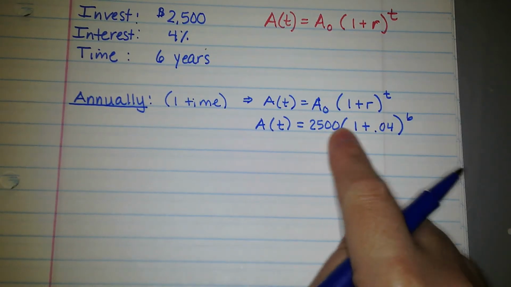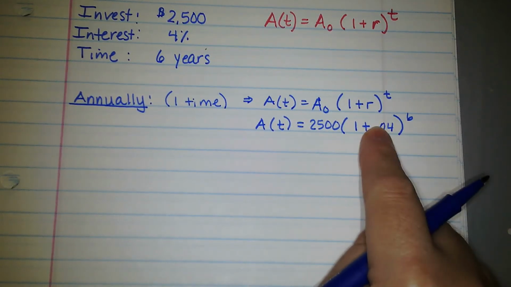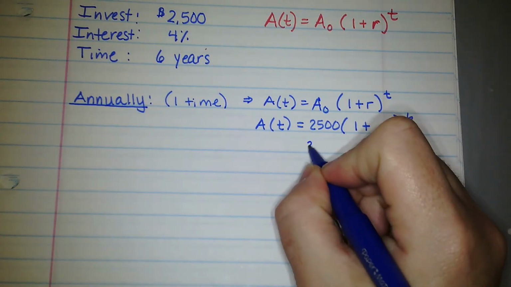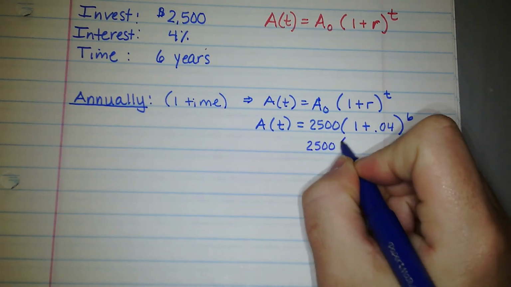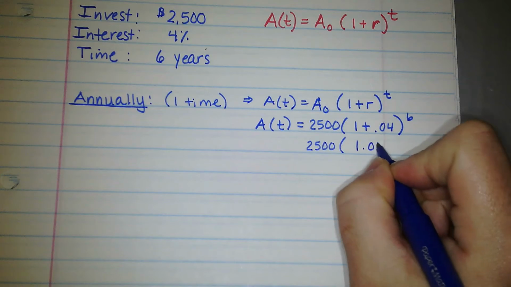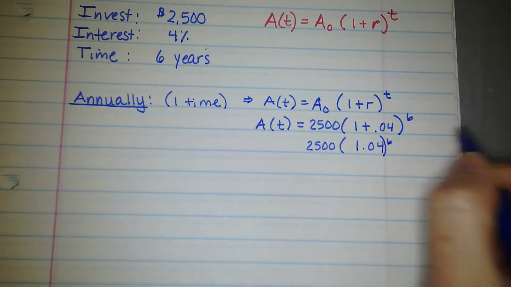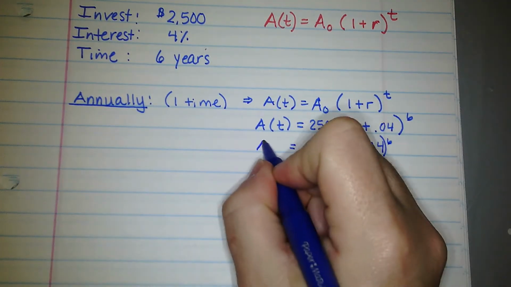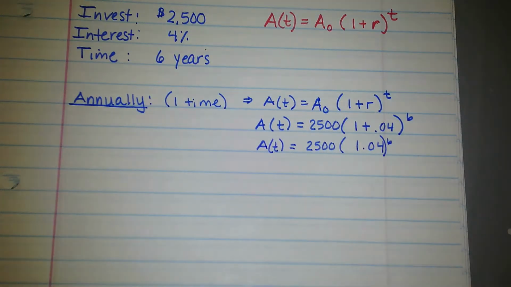From here, what we're going to do is put this in the calculator. Okay, I'm going to clean this up just slightly, and then I'm going to type it in. So I have 2,500 times 1.04 raised to the 6th power.